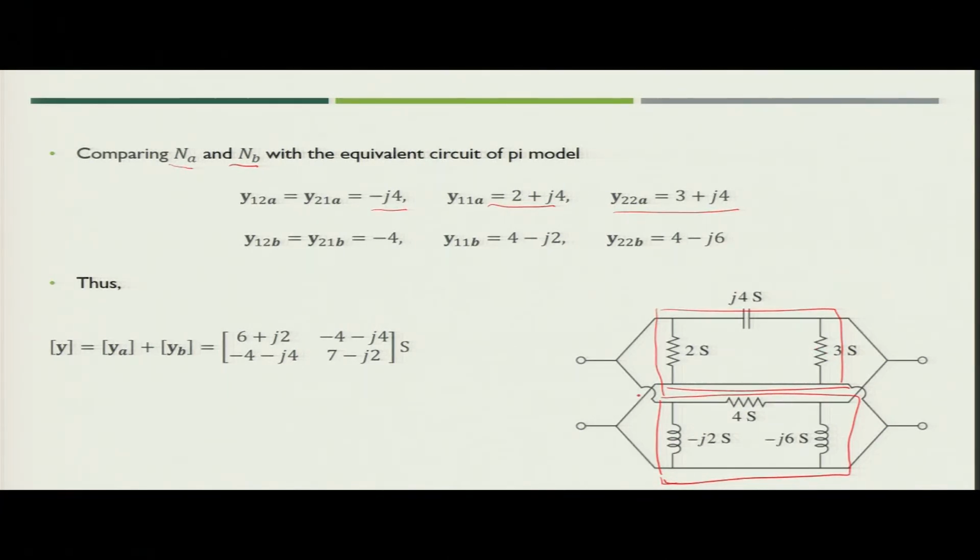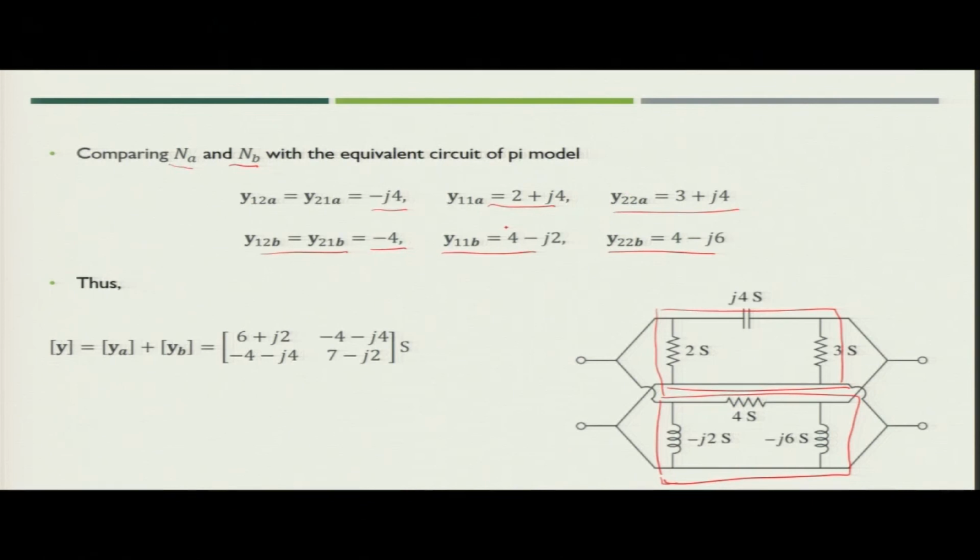Similarly, for the second 2-port, Y12B is equal to Y21B is equal to minus of the resistance connected between the two legs. So, that is minus 4. Y11B is equal to 4 minus j2 and Y22B will be equal to 4 minus j6.